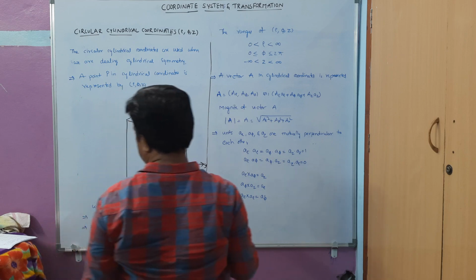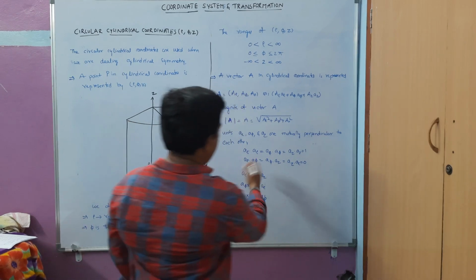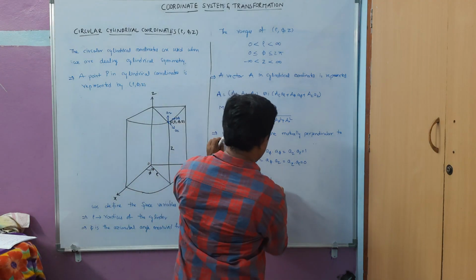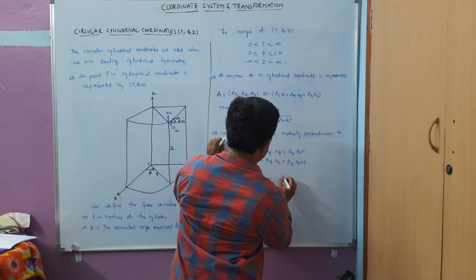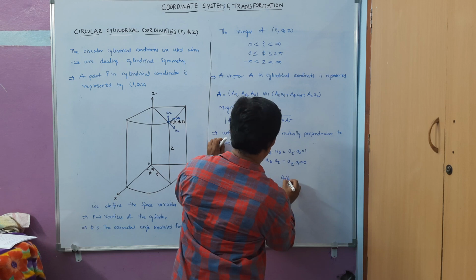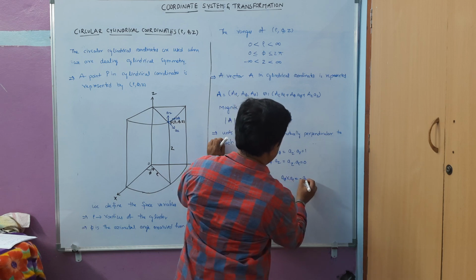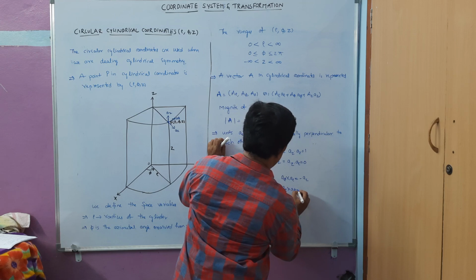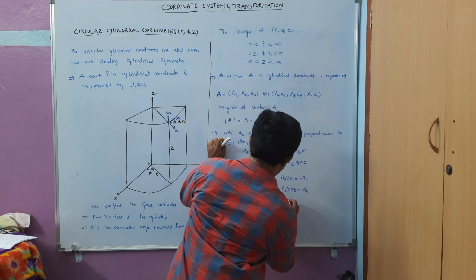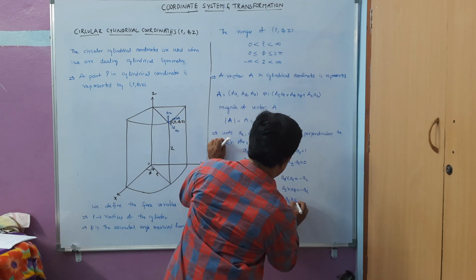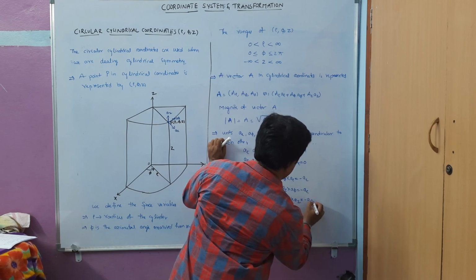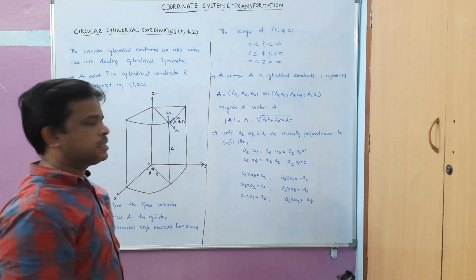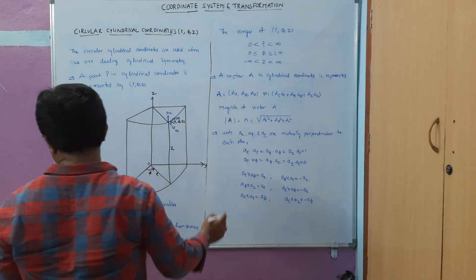Okay, and similarly if I change the order of these unit vectors, I have to take the negative, that is a phi cross a rho is always minus a z, and a z cross a phi is always minus a rho, and a rho cross a z is minus a phi. Okay, and these are the unit vector relations, that is dot product and cross product explained here.